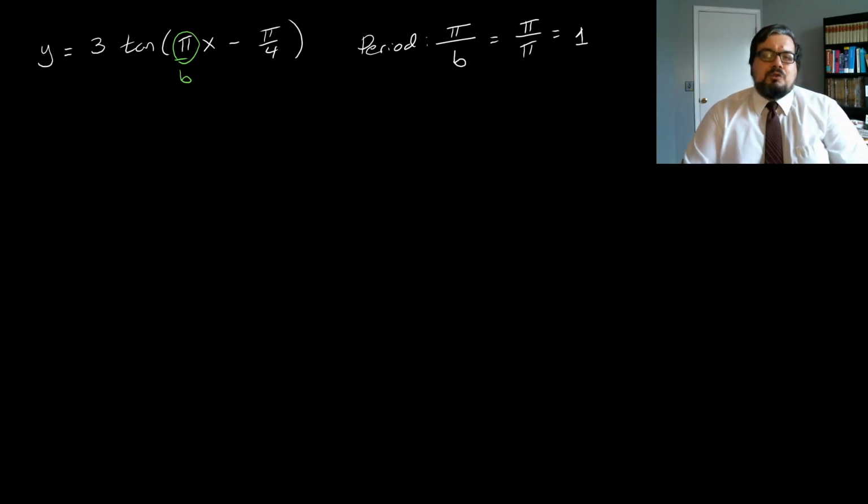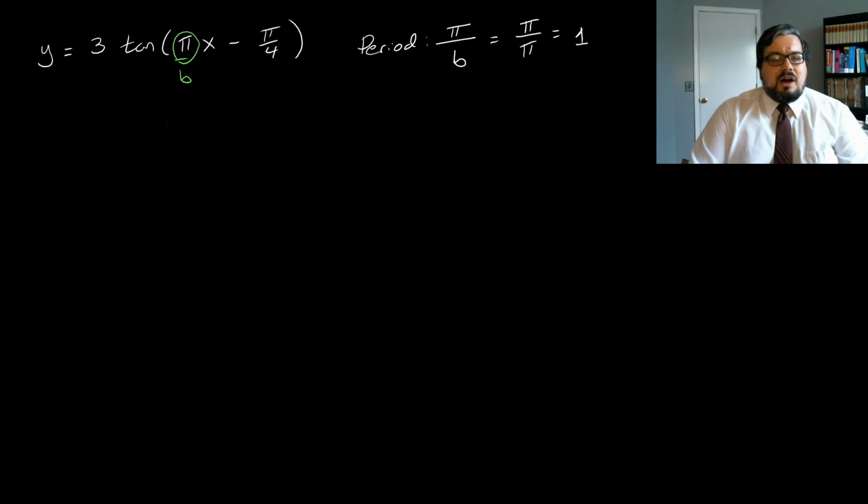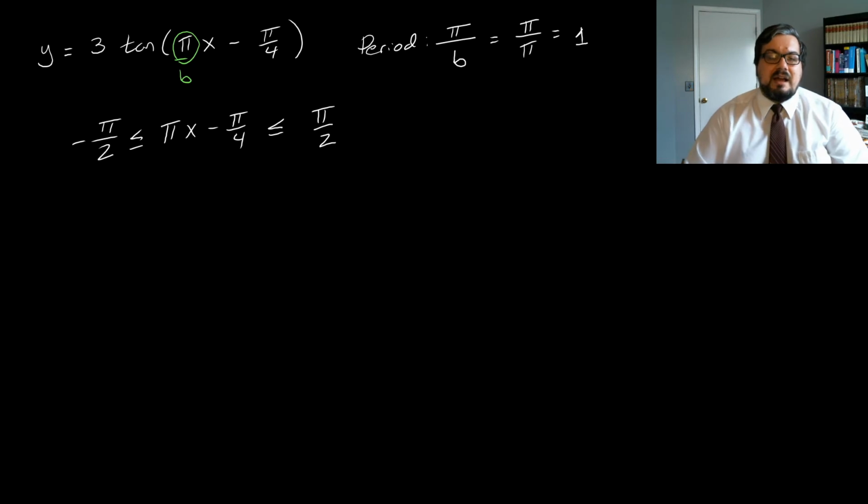I find that to graph these tangent functions, it's often better to start with the inequality that we were working with at the beginning of the discussion on the previous slide. We know that one branch of tangent normally occurs as x moves between negative pi over 2 and positive pi over 2.